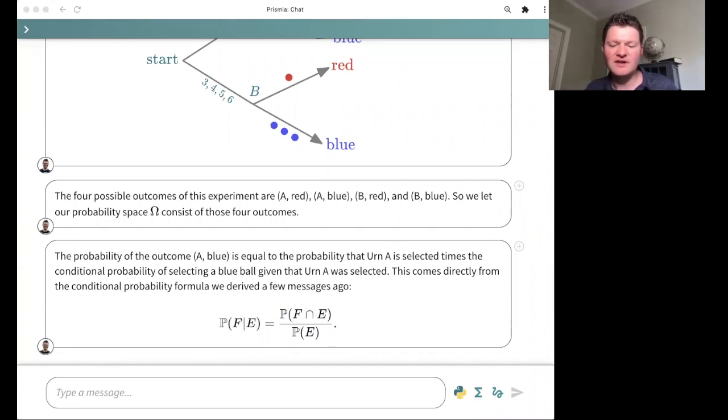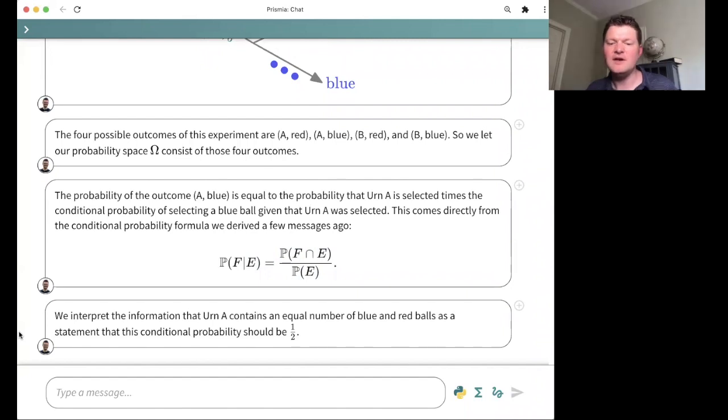And it seems like we're maybe begging the question here because we're using this conditional probability formula, but doesn't the conditional probability itself depend on having the probability measure? And what's really going on is that we're choosing to interpret the information that urn A contains an equal number of blue and red balls as a statement that this conditional probability should be 1/2.